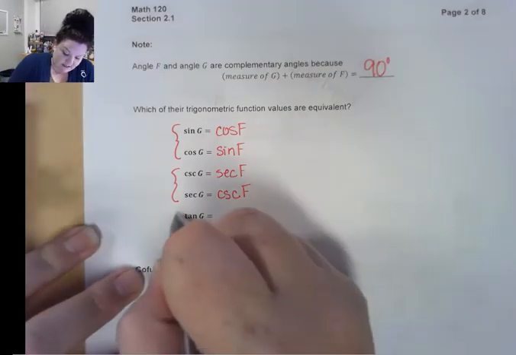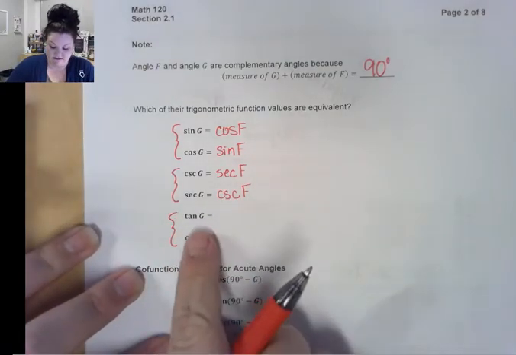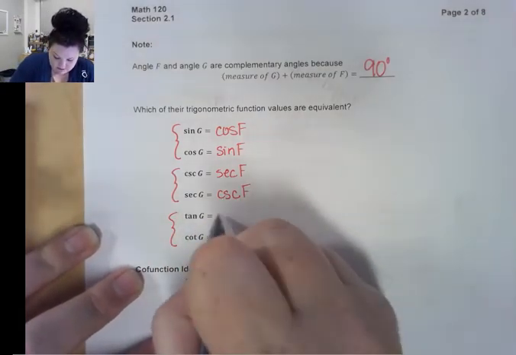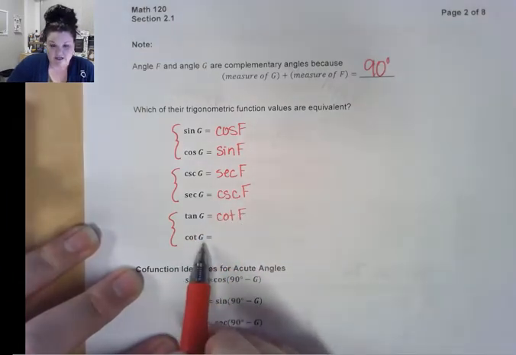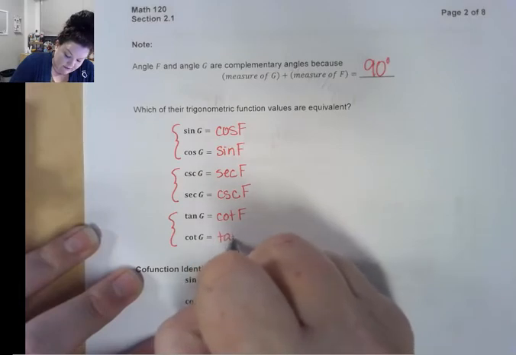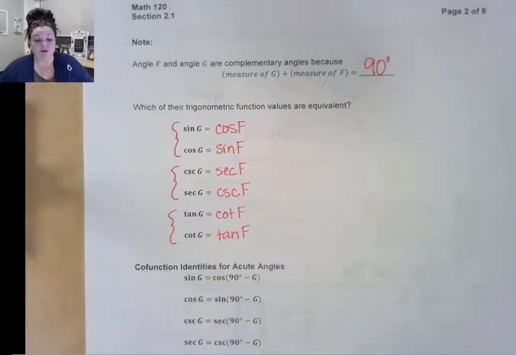And then our last ones are tangent and cotangent. So tangent G is going to equal cotangent F, and cotangent G is going to equal tangent F. Again, this only happens when F and G are complementary, meaning they add up to 90 degrees. Okay? If F and G are any other angles, this is not true. Okay?